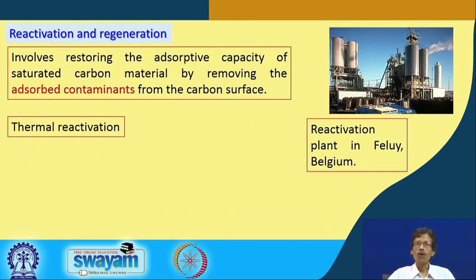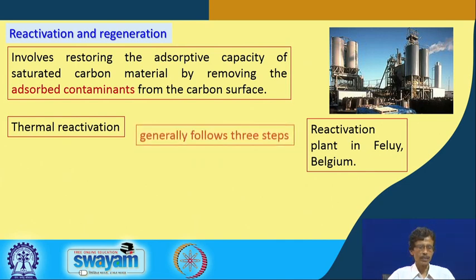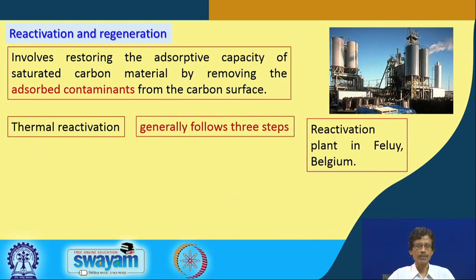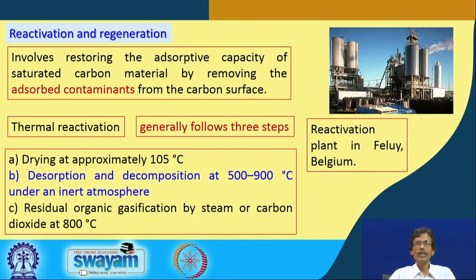Then we can go for a technique to reactivate that material, that is thermal reactivation. It generally follows 3 steps, like A, B and C. The first of them is drying at approximately 105 degrees centigrade.